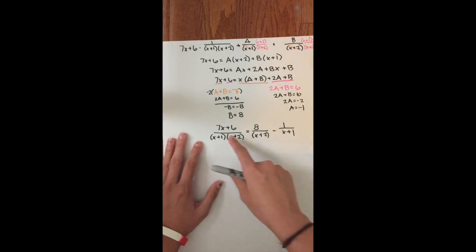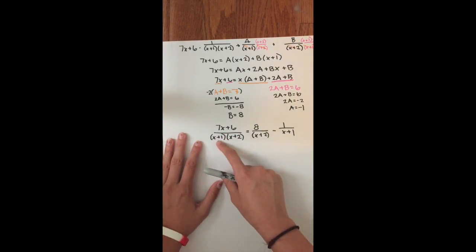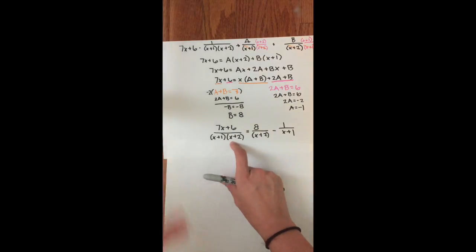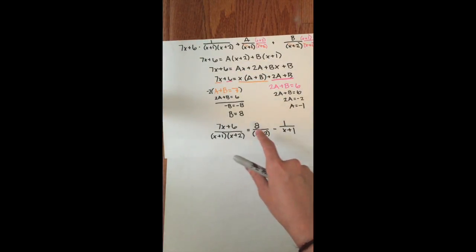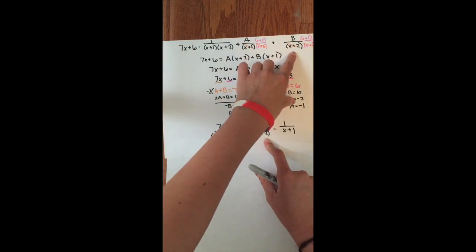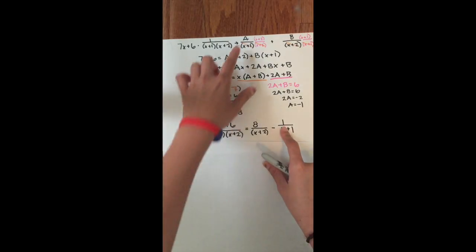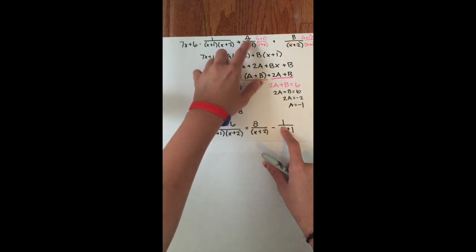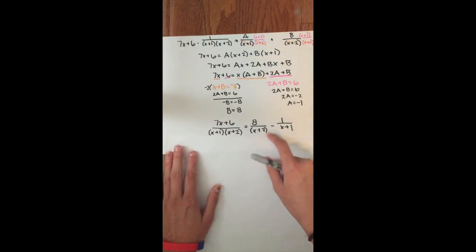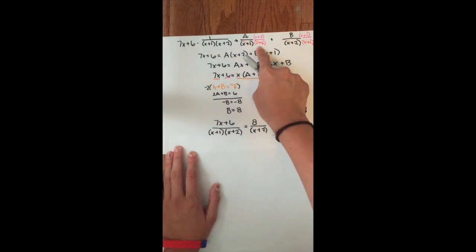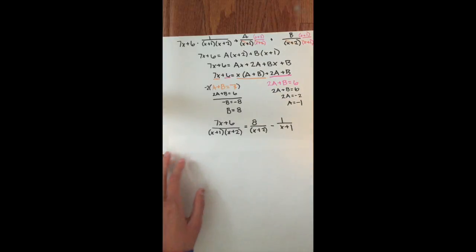So now you're left with 7x plus 6 over x plus 1 times x plus 2, which is our initial expression, equals 8 over x plus 2, which is the B over x plus 2, minus the 1, or A, over x plus 1. Basically we just plugged our A and B into the expression we had there.